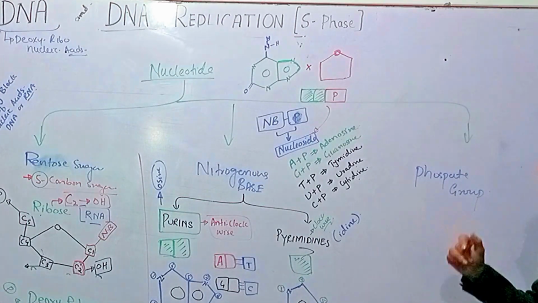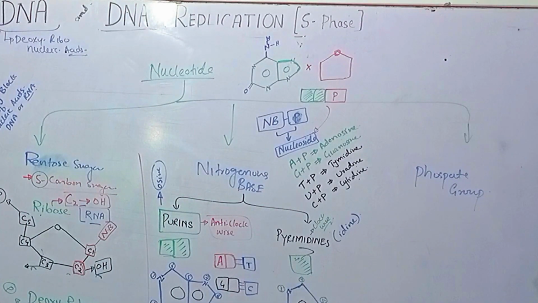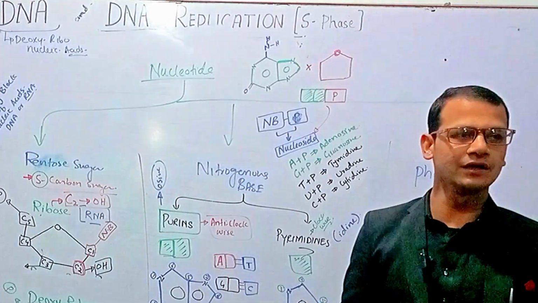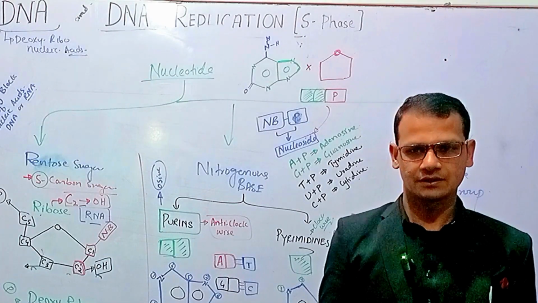After this we have the phosphate group, and phosphate is negatively charged, and due to this the whole DNA is negatively charged, right?